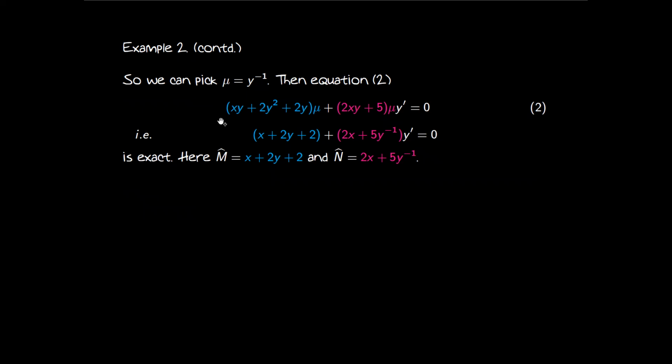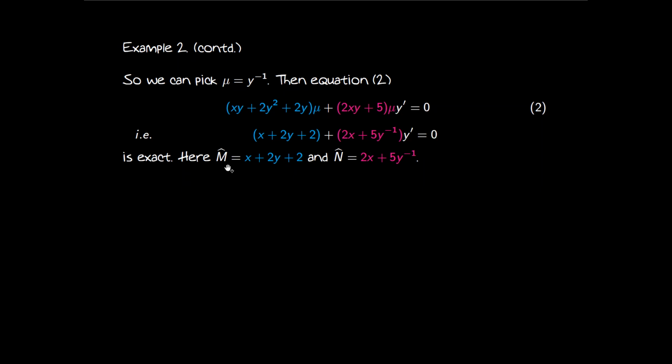Okay, now we just copy our equation to the equivalent one to the given equation, right? And we substitute the y to the negative first power into the equation. And then we get this new equation is going to be an exact equation. Actually, it's pretty easy to check, right?